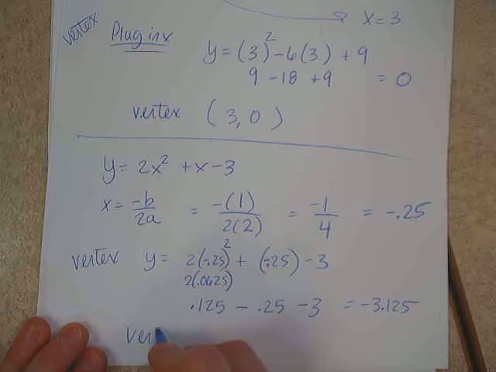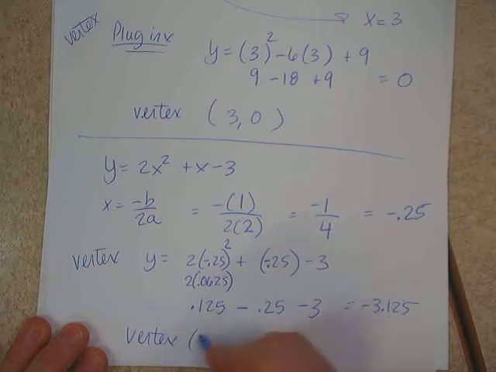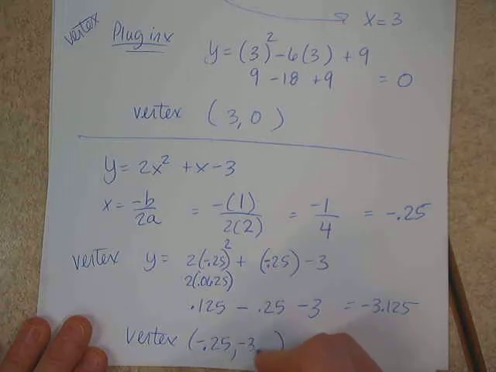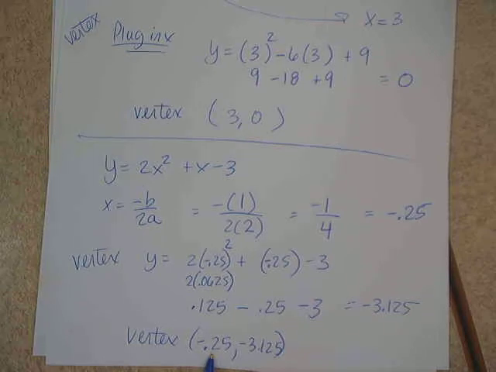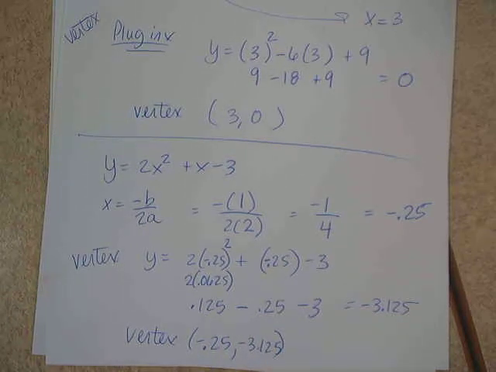So 0.125 minus 0.25 minus 3 is what? Negative 3.125. That's my y value. So what is my vertex? Yep, it's xy, so negative 0.25 and negative 3.125.